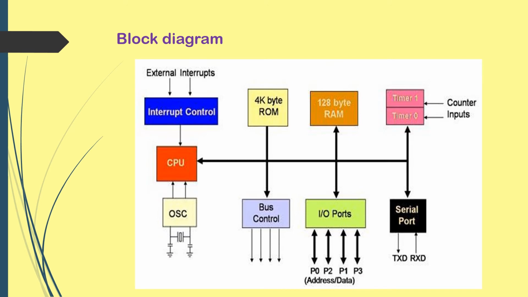Now in general, if we go through the block diagram of 8051, here you can see there is an interrupt control section, CPU, oscillator, bus control, 128 byte RAM, 4 kilobyte ROM, timer 0 and timer 1, timer counter, both ways useful, serial port, IO ports P0, P1, P2 and P3, address and data ports, and bus control.